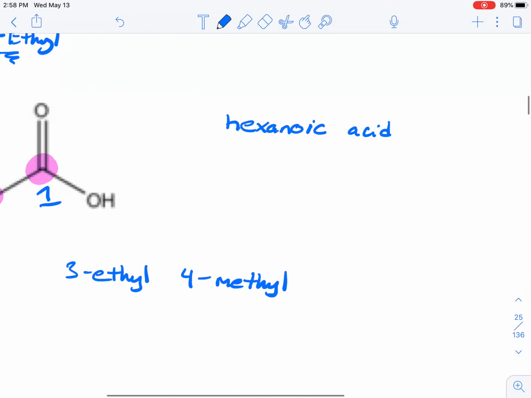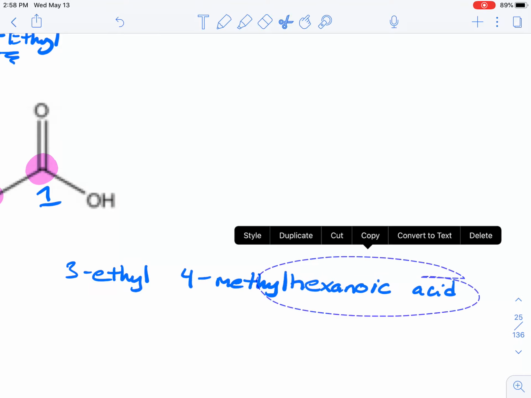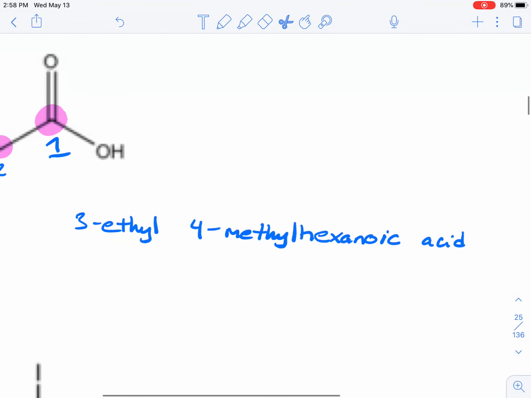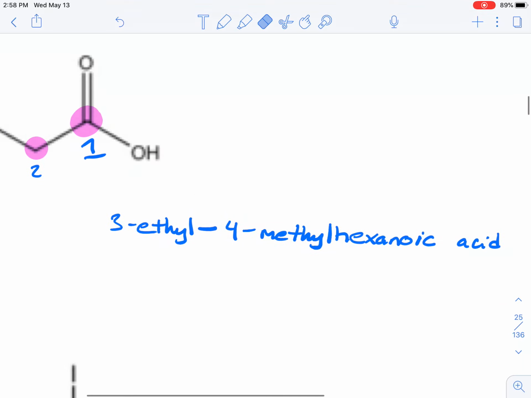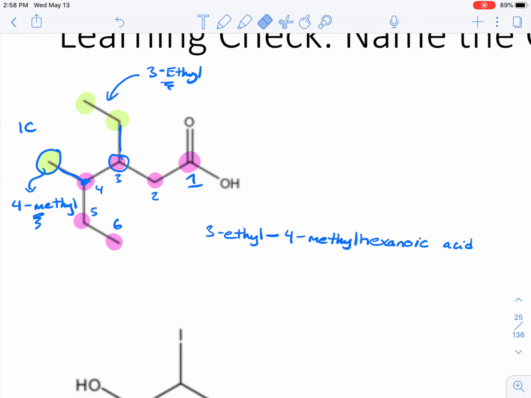And next we're going to take our parent chain and stick it right next to the L. Okay. And so since we're going from letter to number, we need to put a dash between those 2 substituents. And this would be the name of my organic compound. 3-ethyl-4-methyl hexanoic acid.